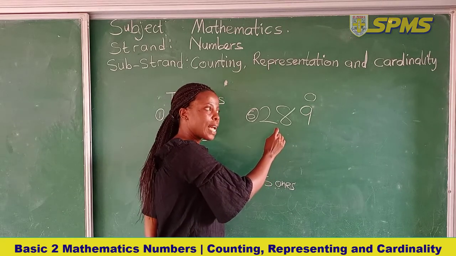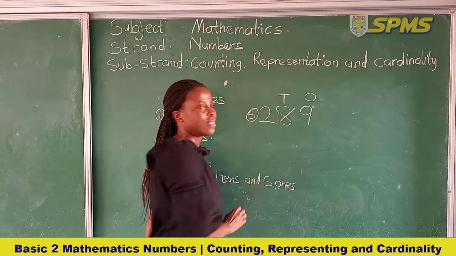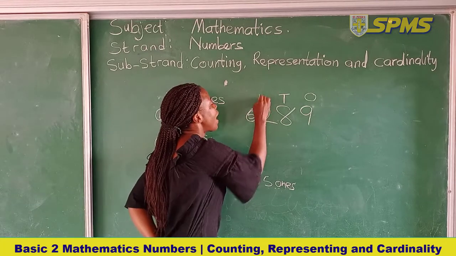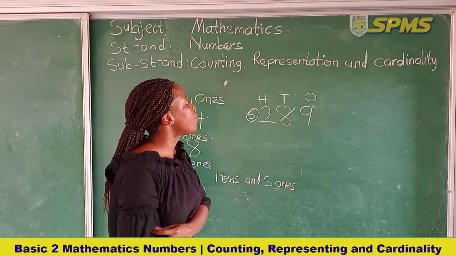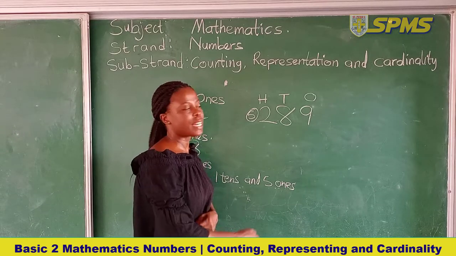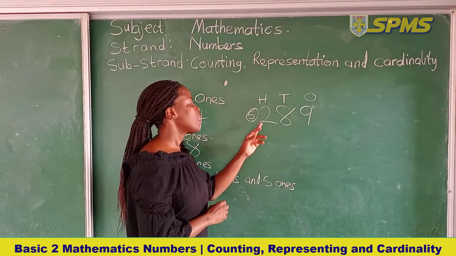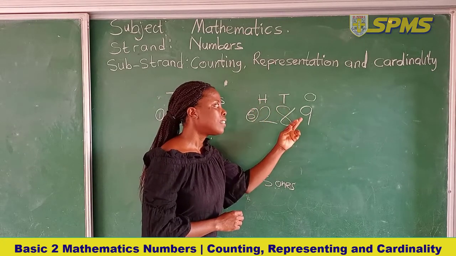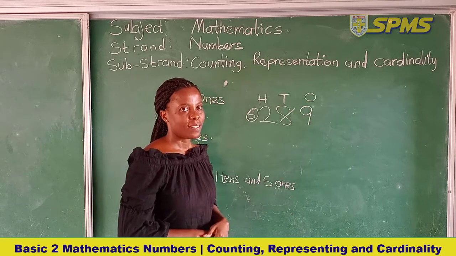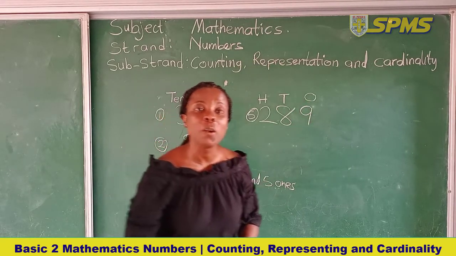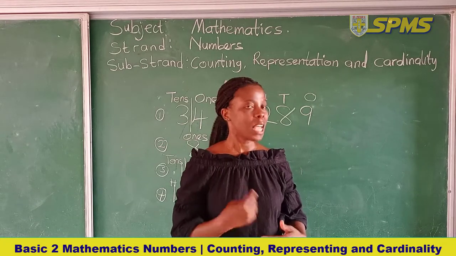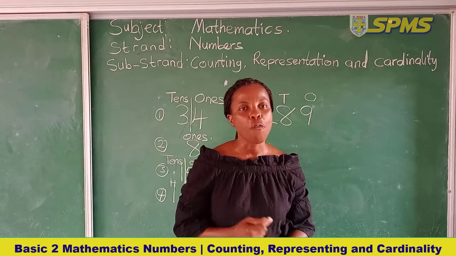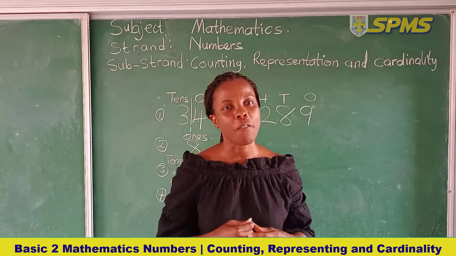Tens, represented by T. Then the 2 hundreds, represented by H. So what are the place values for the digits in this number? We have 2 hundreds, 8 tens, and 9 ones. Very good. Try and write numbers from 0 up to 99 and allocate place value for each of the digits in the numbers you have written.